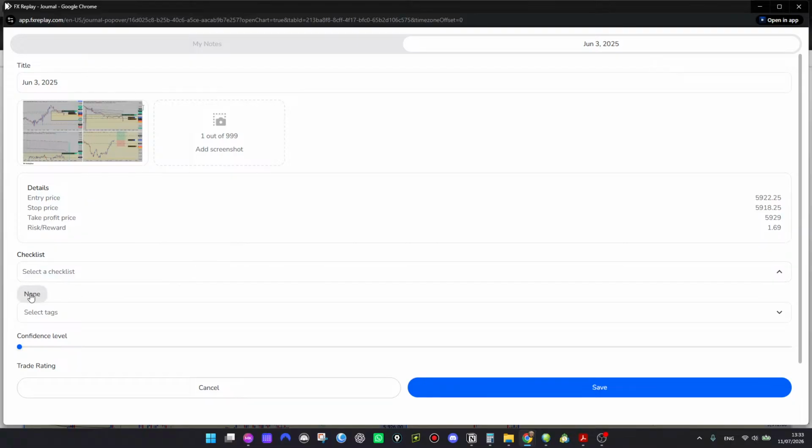I don't have a checklist yet, but I'm gonna place a tag, and I would say, for example, we have in police regime, tight stop loss, to know that we don't have a big stop loss. Let's set tight stop loss.